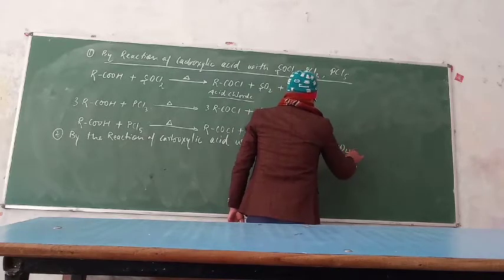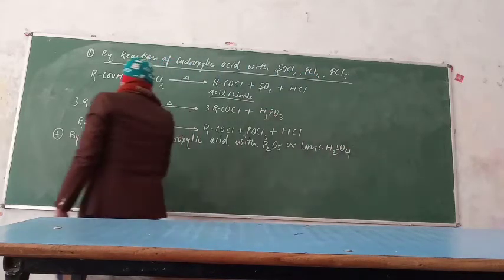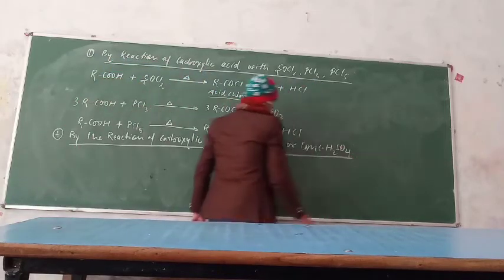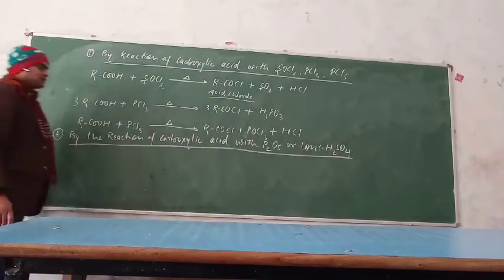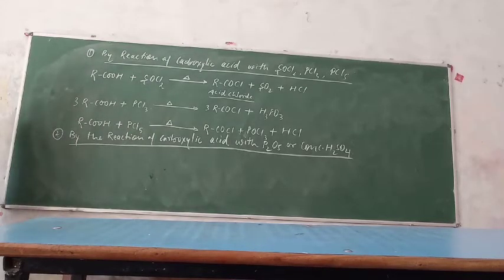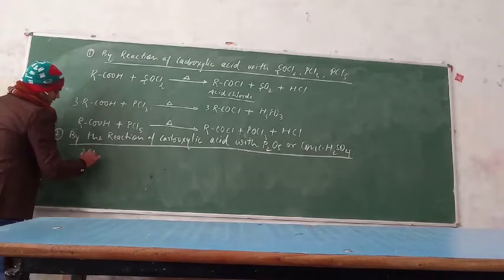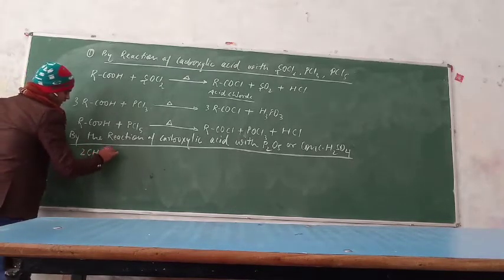When the carboxylic acid is heated in the presence of phosphorus pentoxide or the concentrated H2SO4, anhydride is formed.